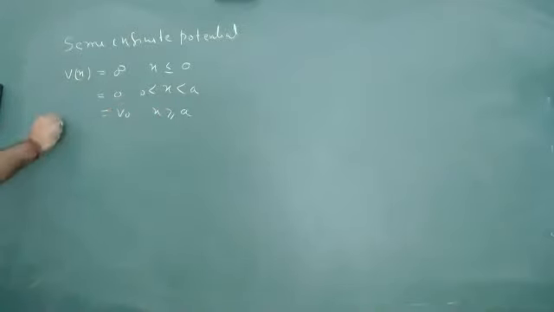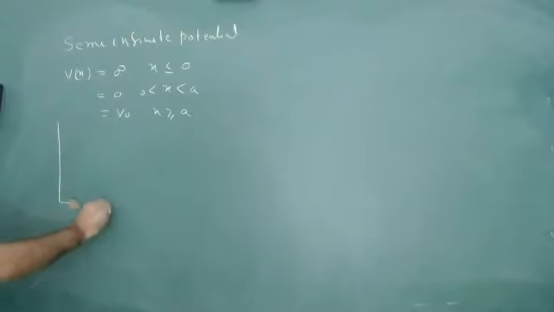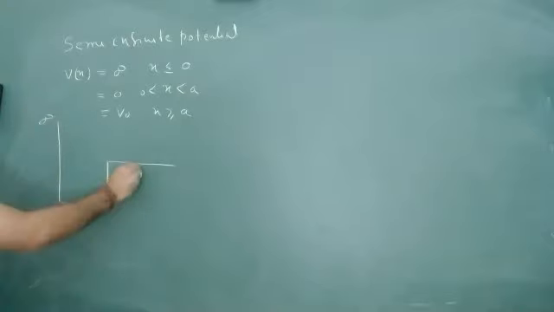So this potential is something like this, isn't it? Semi-infinite. This is infinite, this one is V naught, and this is 0 to a.